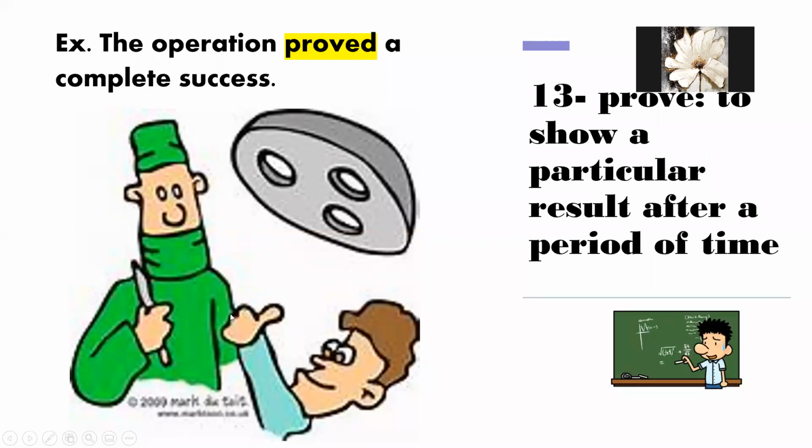You're going to find out whether this operation succeeded or not. What's the proof? You're going to find that the man is still alive. The operation showed us a specific result. What was the result? That this person is still alive. It's called proof. Proof is the noun of the word prove. Prove means to show a particular result after a period of time.